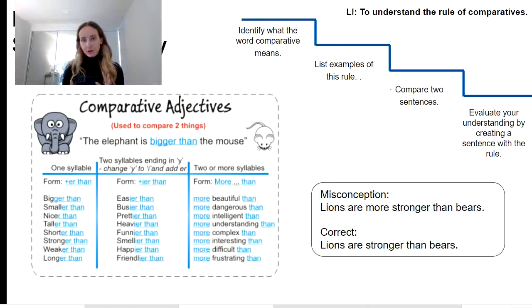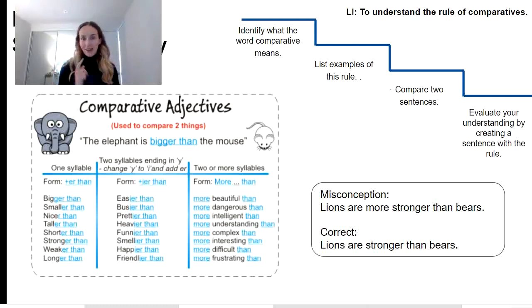And that is because by adding er to the adjective, you're already suggesting it is more of that adjective. So instead of saying more strong, we say stronger. Instead of saying more nice, we say nicer. But it doesn't make sense to have the word more and the comparative adjective in the one sentence. Okay, so the correct option here would be simply saying that lions are stronger than bears.